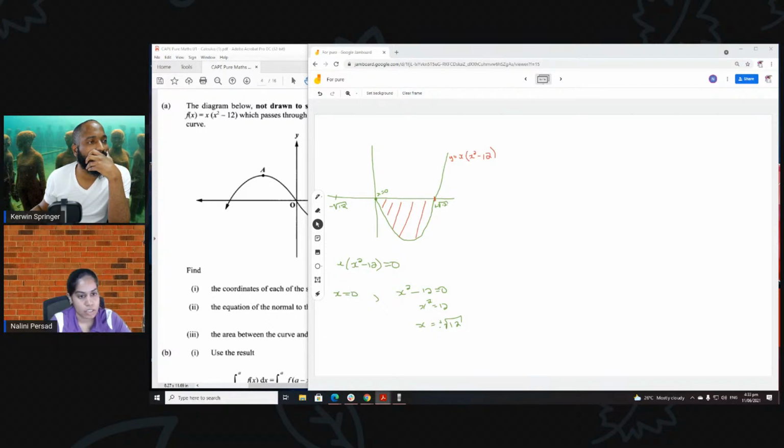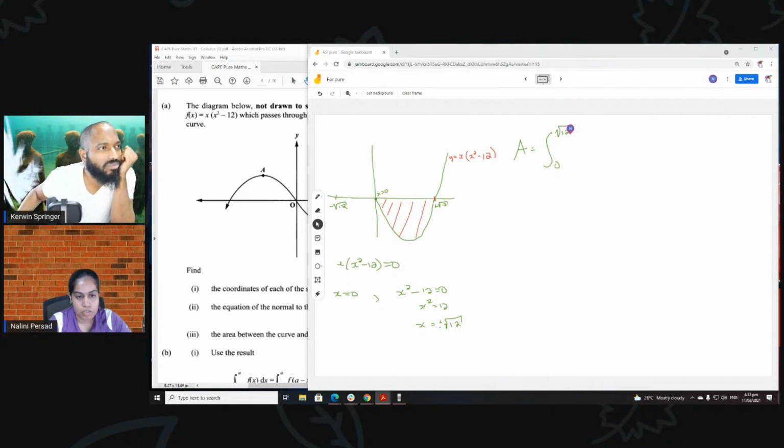So when you're finding the area under the graph, we're going to integrate. So the area would be the integral between 0 and root 12 of the curve, which is x(x squared minus 12) dx. So to get rid of these brackets, we can expand to x cubed minus 12x with respect to x.